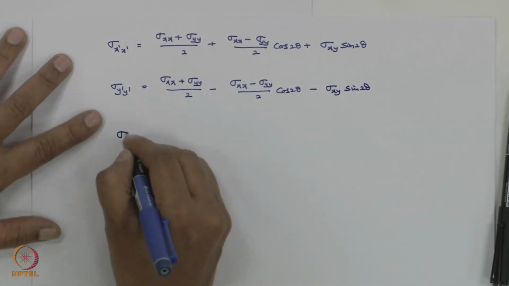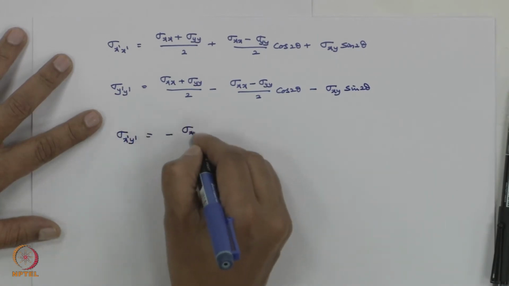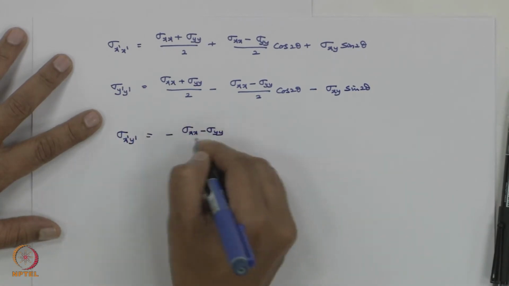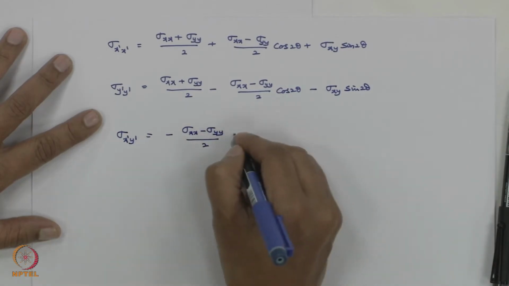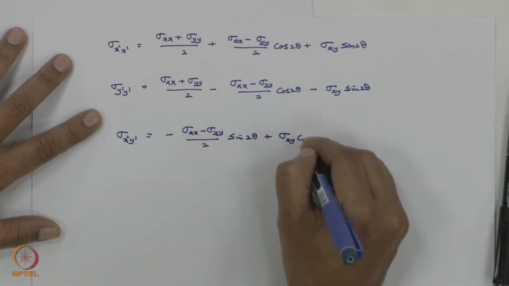Then sigma x prime y prime equal to minus sigma xx minus sigma yy by 2 sin 2 theta plus sigma xy cos 2 theta.